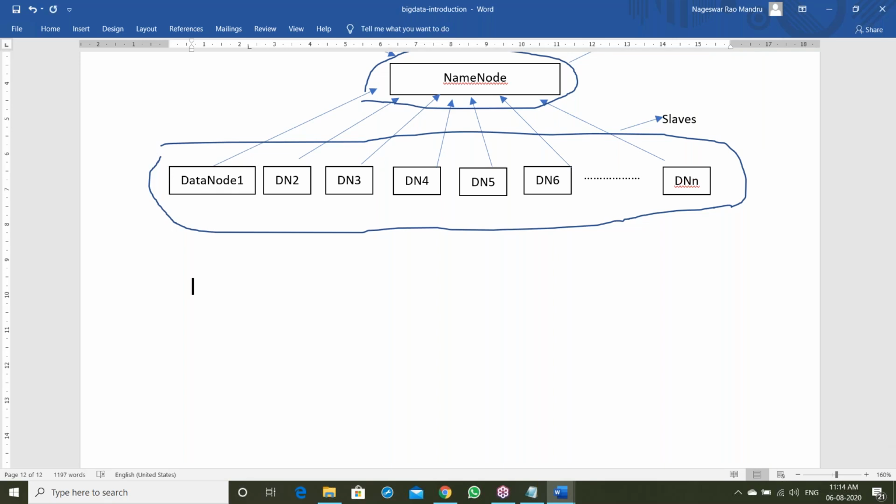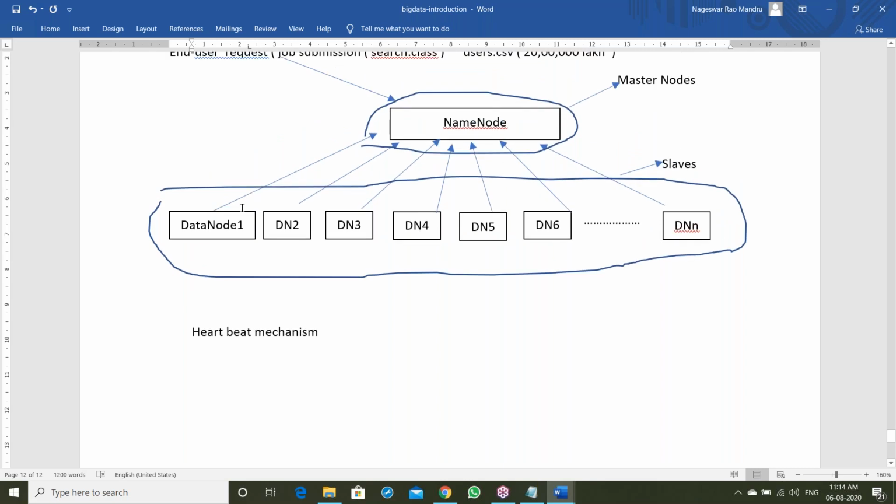Here in Hadoop, there's a concept of the heartbeat mechanism. Every node, every data node, sends heartbeats to the name node saying that I am alive.